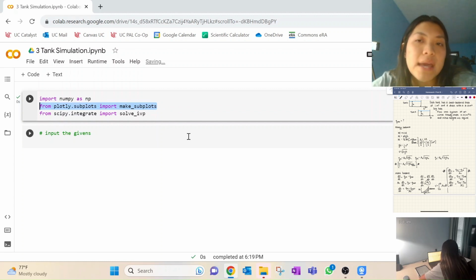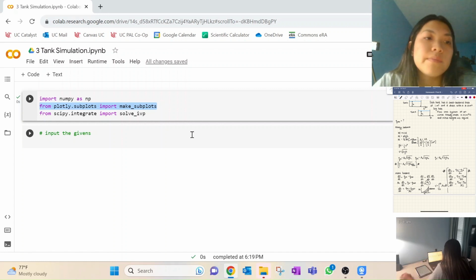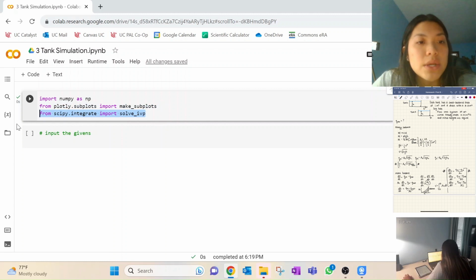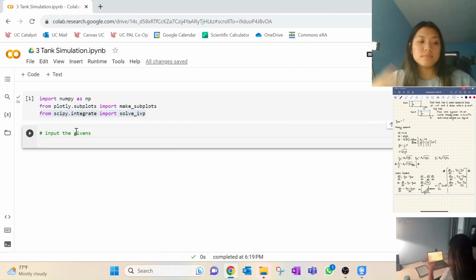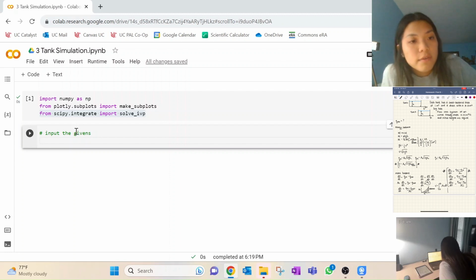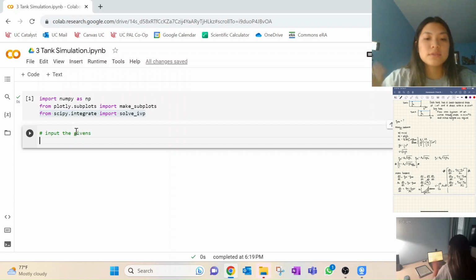This is the package that we use to graph out the solutions from solve_ivp, and this is what actually shows us the simulation of the fluid height. And then from scipy.integrate, we import solve_ivp. This is the initial value solver that I was talking about that solves simultaneous differential equations.